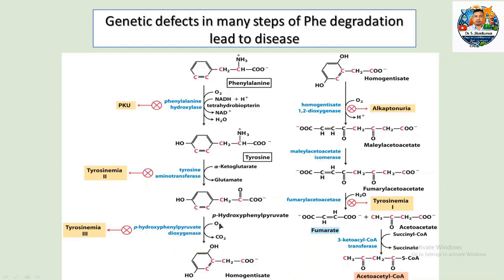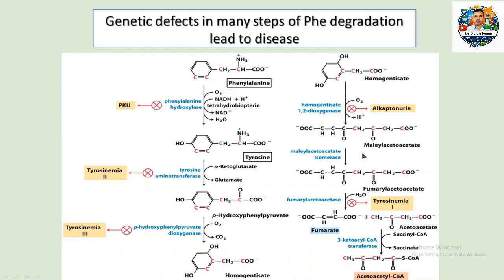Since this particular enzyme is able to use up the two atoms of the oxygen, it is called dioxygenase, putting two oxygen atoms into the product. So that's why it's called dioxygenase. Since it is putting the oxygen to para-hydroxyphenylpyruvate, its name is called para-hydroxyphenylpyruvate dioxygenase.